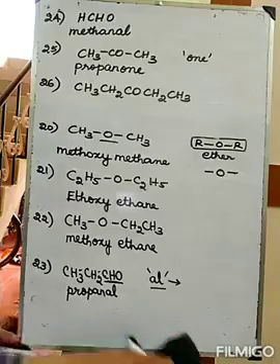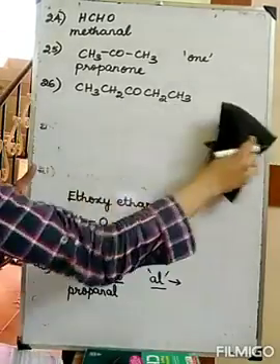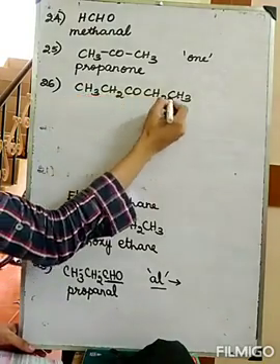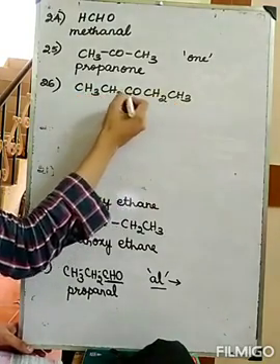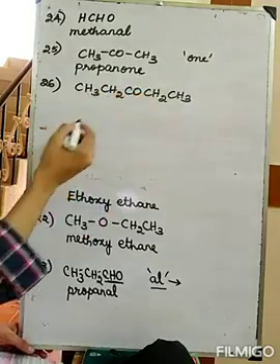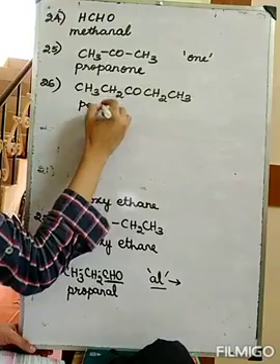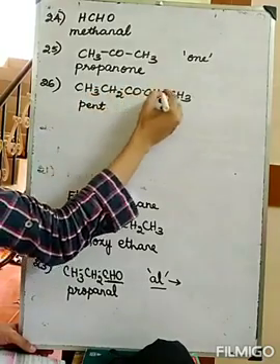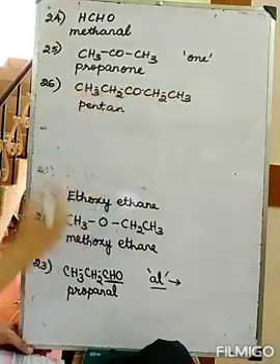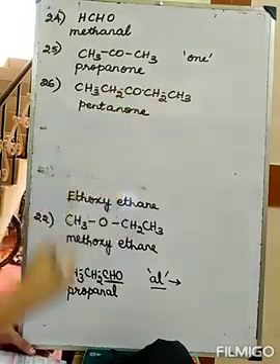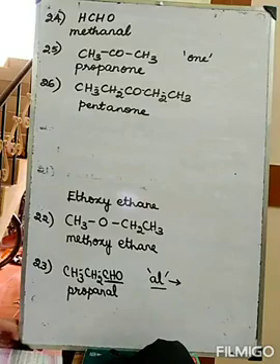Okay. So the next one, CH3CH2COCH2CH3. What will be the name of this compound? How many carbons are there? 1, 2, 3, 4, 5. In the ketone group also there is 1 carbon, that also you should count. So 1, 2, 3, 4, 5. 5 means it is pent. All are single bonds, so ane. And ketone group means it is one, pentanone. But you have to mention the position of the ketone group.